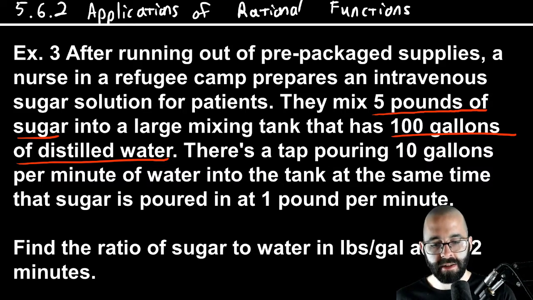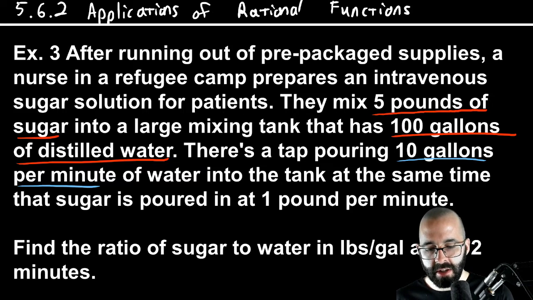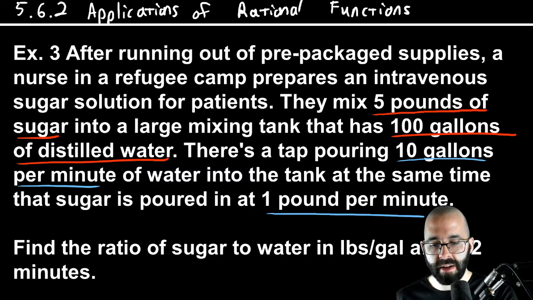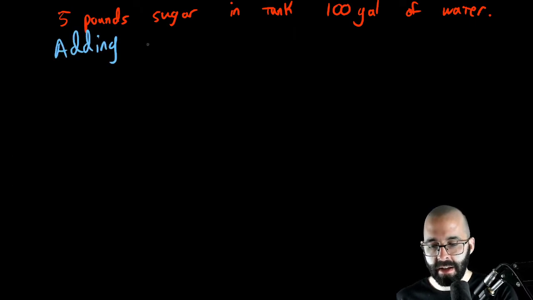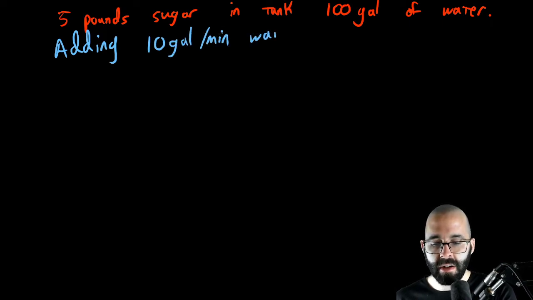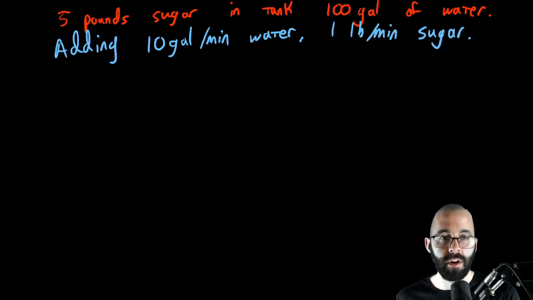So this is a rate, right? 10 gallons per minute of water into the tank at the same time that sugar is poured in at 1 pound per minute. So we're adding 10 gallons per minute of water and 1 pound per minute of sugar.